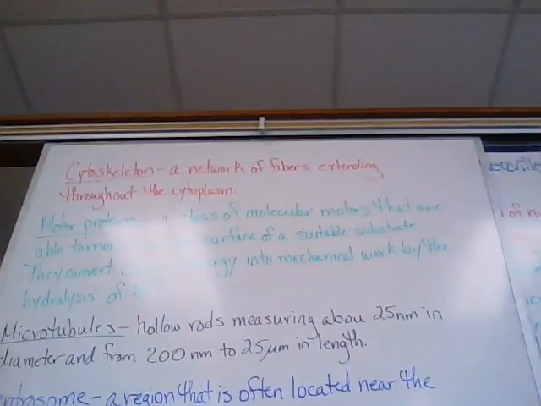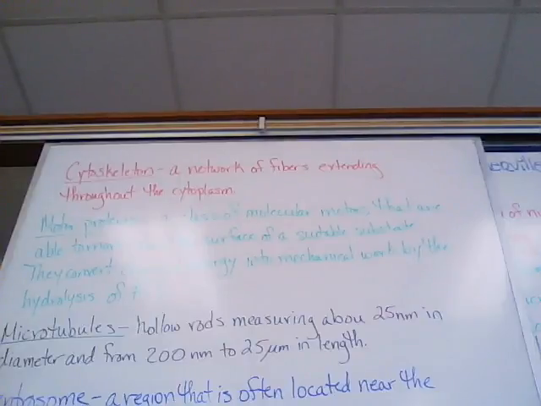A cilium may also act as a signal-receiving antenna for a cell. Cilia that have this function are generally non-motile, and there is only one per cell. In fact, in vertebrate animals, almost all cells seem to have such a cilium, which is called a primary cilium.